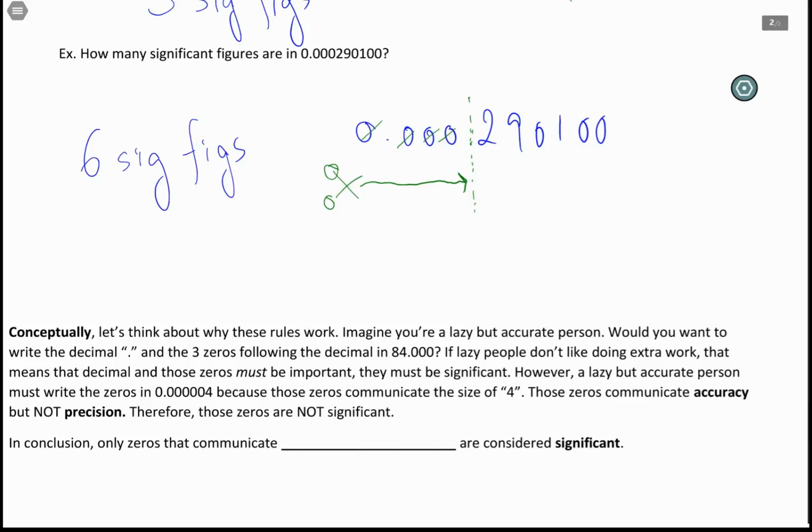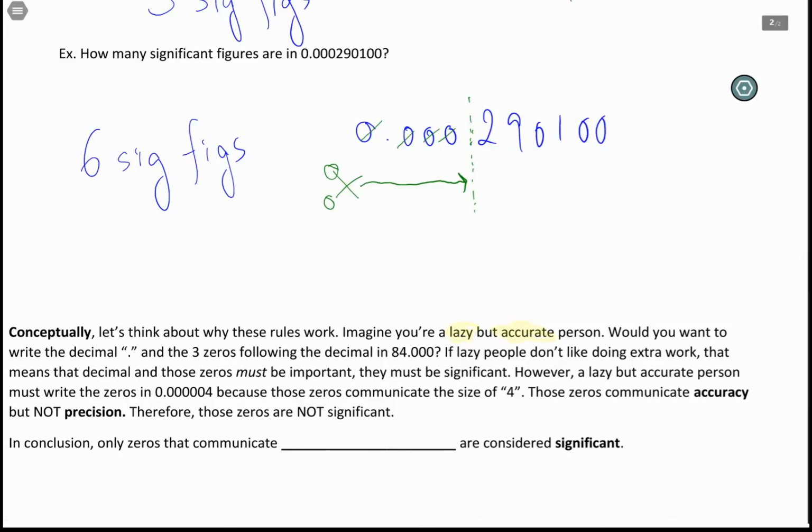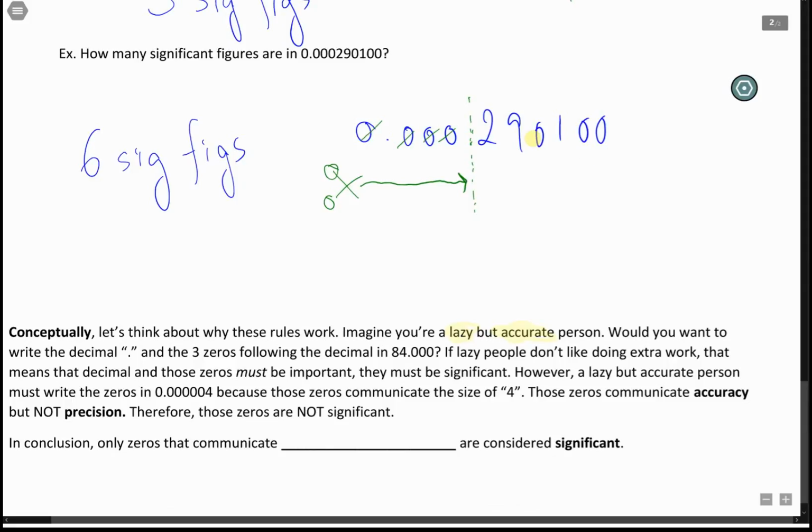Well, you really have to think of the person who's writing this number as a lazy but accurate person. A lazy but accurate person is not going to want to do extra work. So taking an example of this number up here, notice how it would be sufficient to write this number as 0.1232901.